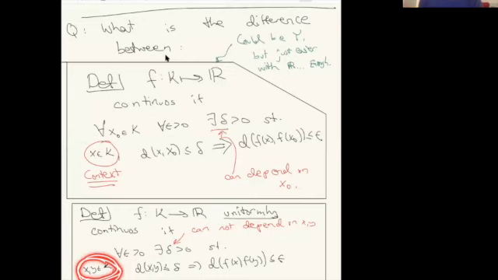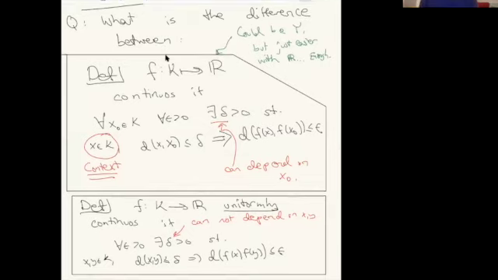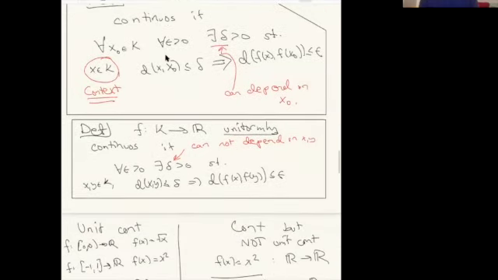Both x and y play a completely symmetric role. So this second condition is actually symmetric, and that's a powerful thing to use, whereas the first condition is not symmetric. So those are the two differences: the symmetry, and when delta is fixed and what it can depend on.